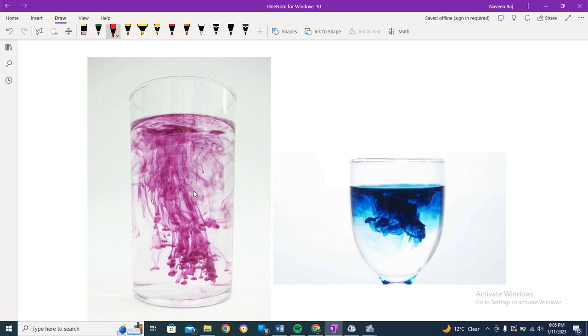Diffusion is a slow process. As the ink drops on this surface, they will form a homogeneous solution of ink and water. Hopefully we will have a chapter named solutions, in which we will particularly discuss this, and I will come back to this topic that day and show you the reason behind it.